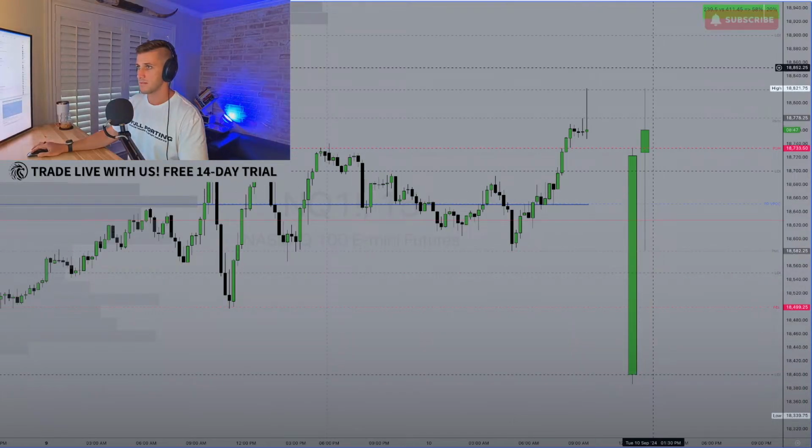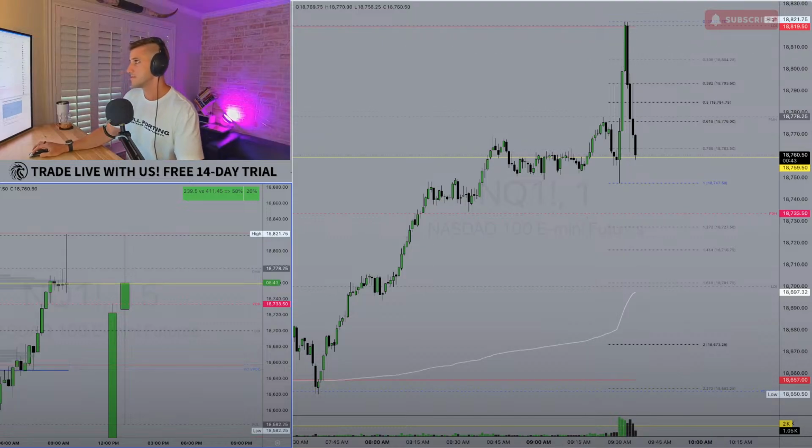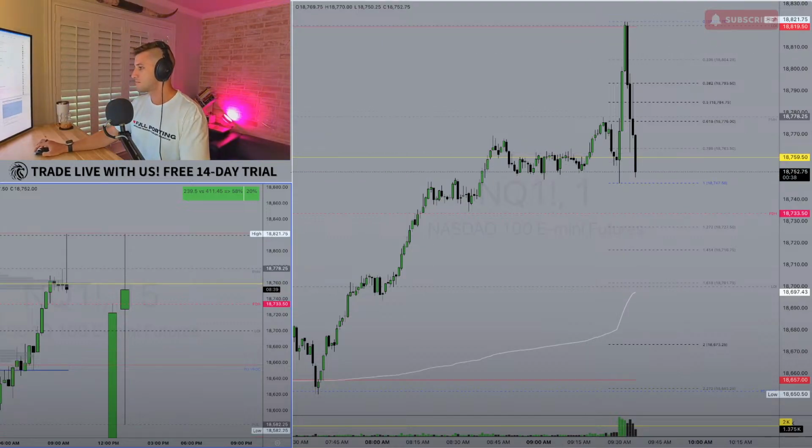Check out that 15-minute bar. Still a ways before that one closes though. NQ coming in at the lows. I'll be looking at prior day high. Let's see the reaction here into prior day high.